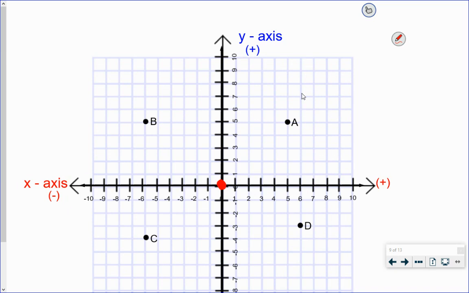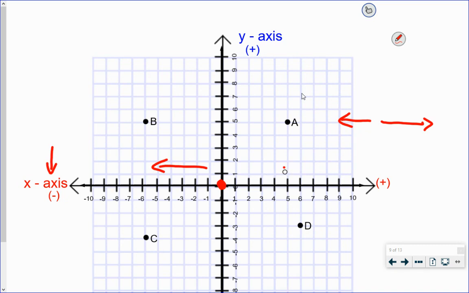Well, first, we either have to go right on X or left on X. And remember, this is the x-axis. So to get to that point, would I go right or would I go left? Well, hopefully everybody in here said we'll go right. Okay? So we're going to go right.